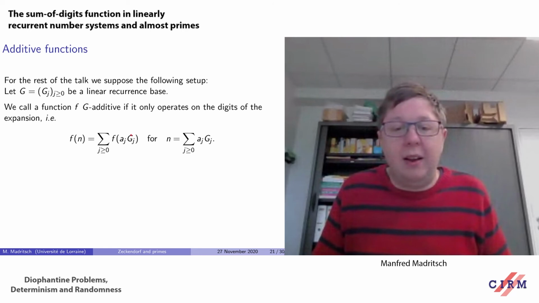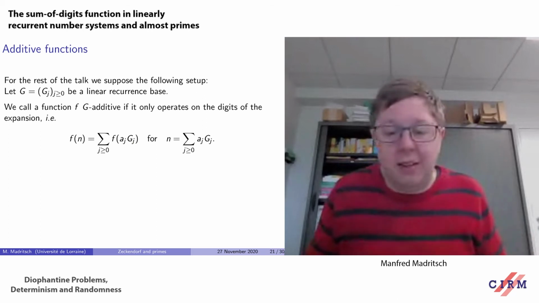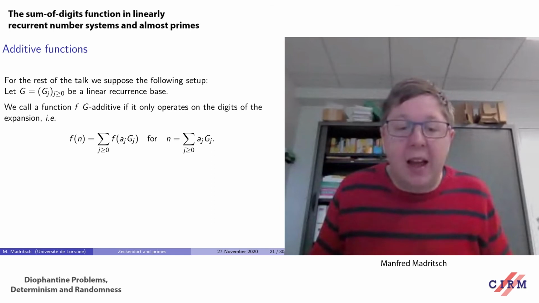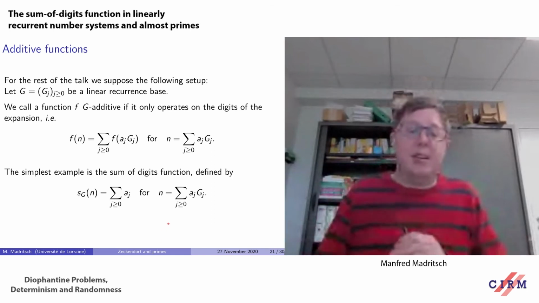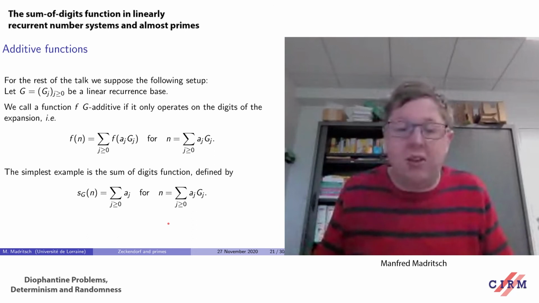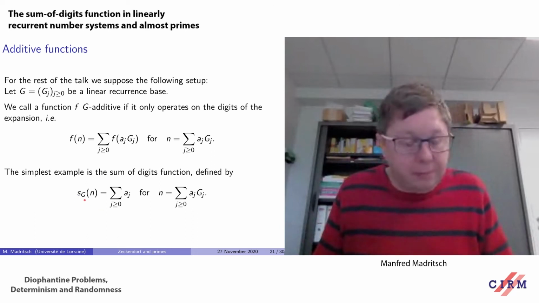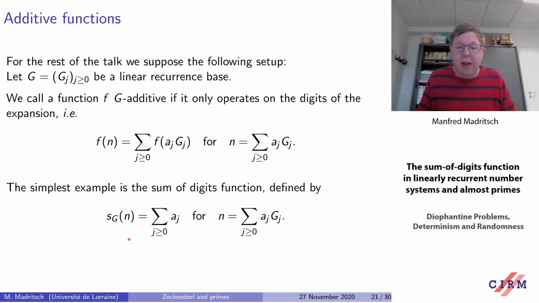And if this is independent of the position, so independent of G, then we call it completely additive, as in the previous case. One famous example is the sum of digits function, which is defined in the following way: the sum of digits of n is the sum of its digits.